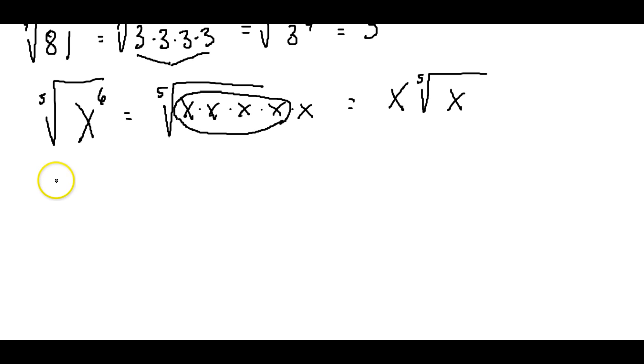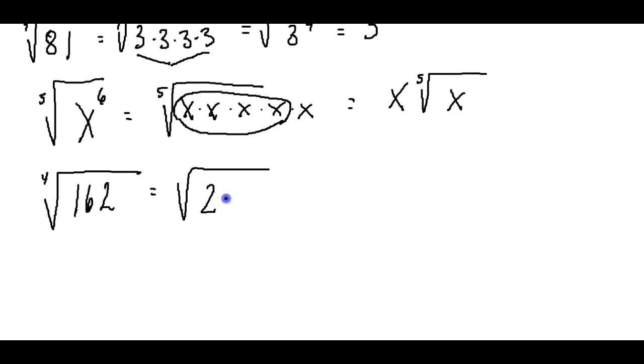Okay, so let's look at this in real numbers. We're going to look at the 4th root of 162. Let's break this down into factors. Well, it's an even number, so we know we can divide it by 2. So now we have 2 times 81. 2 times 81 is 162. So let's break that 81 down again.